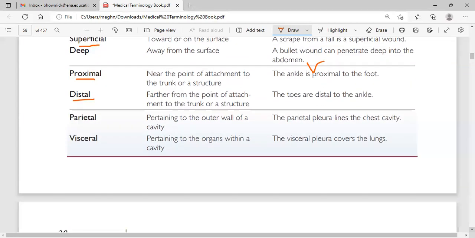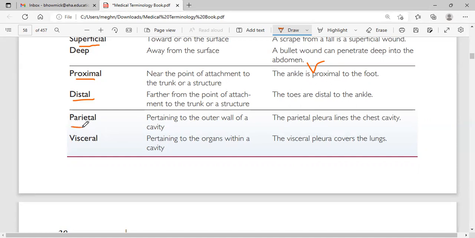Next, parietal and visceral. Parietal pertains to the outer wall of the cavity. The parietal pleura lines the chest cavity. And visceral pertains to the organs within a cavity. The visceral pleura covers the lungs. So these are the two.